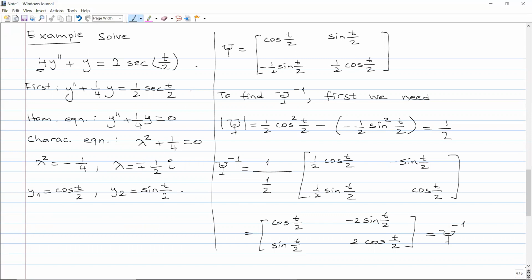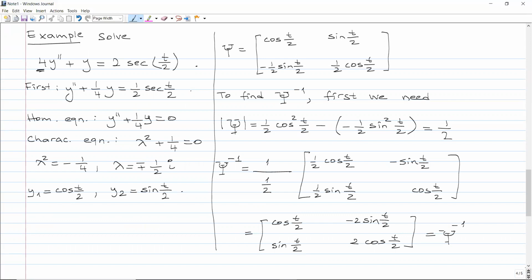Okay, the original equation, on the right side we have the secant function, but the secant function is not continuous everywhere. So I need to give an interval for t where secant t over 2 is continuous. Remember, secant is not continuous when cosine is 0.